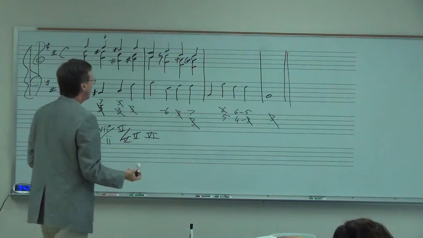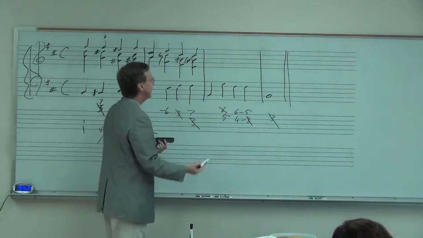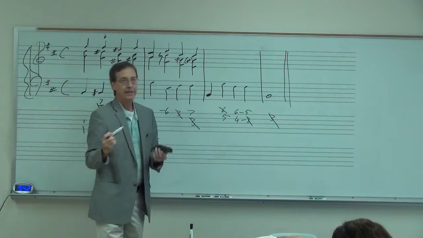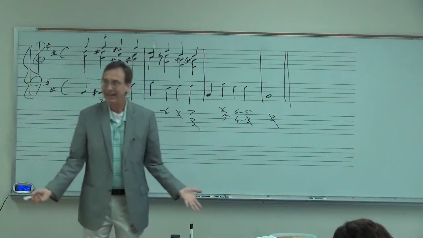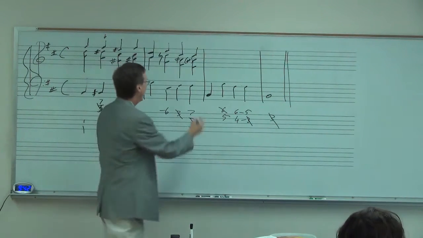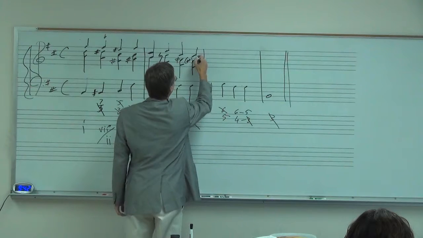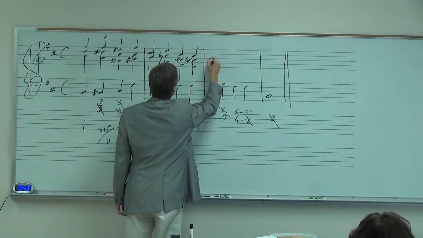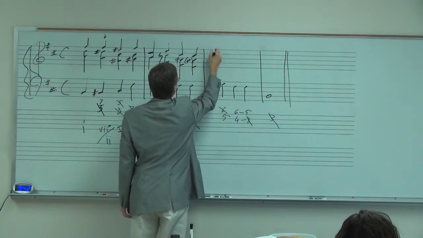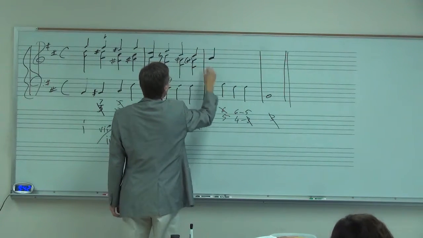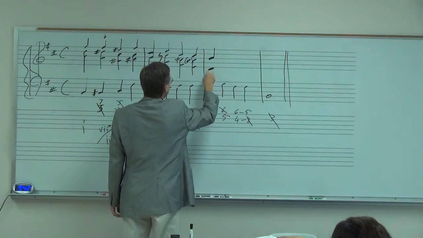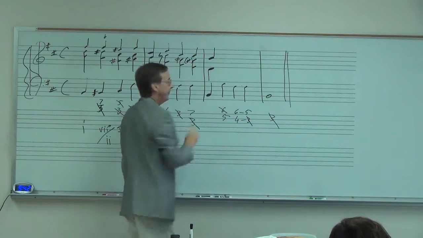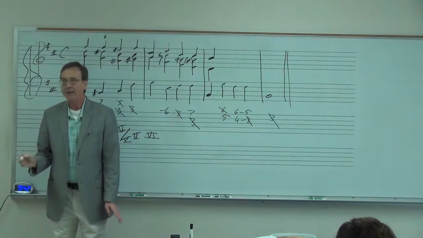Now, this must resolve as a dominant seventh chord, right? So, root to root. Now, this note is not going up to D, it's going down to B. This note is required to go to D. This note may go to B or go to F sharp because it is not in the soprano.